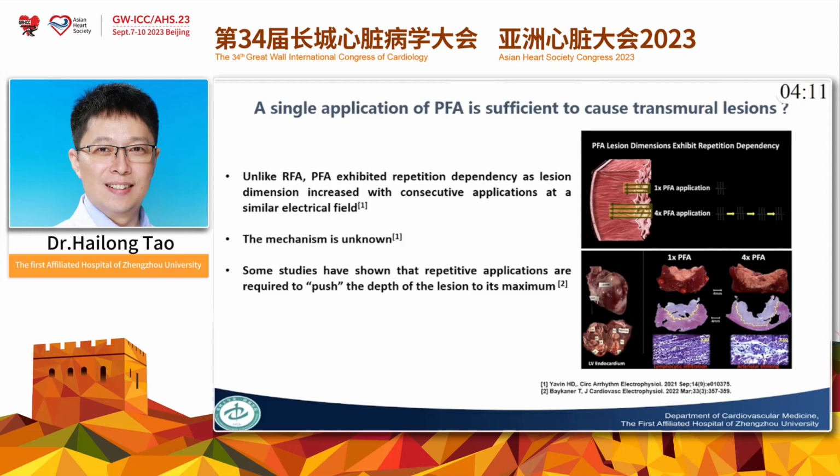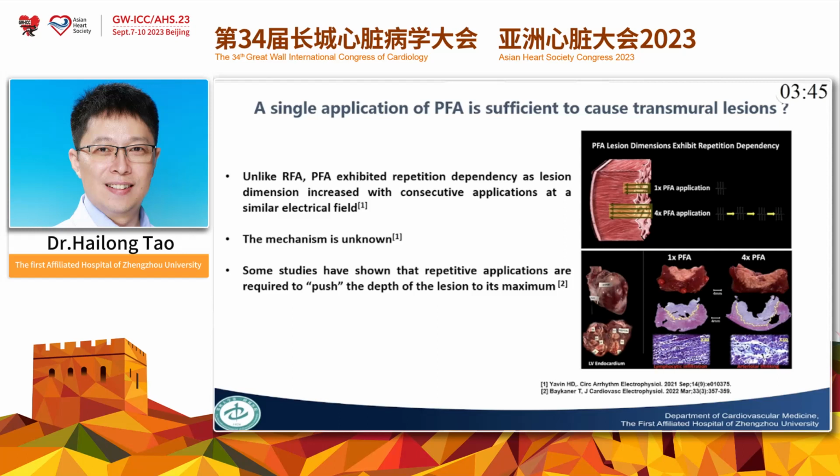Okay. And after this introduction, there are questions we should know and face as clinical doctors. The first one is whether a single application of PFA is sufficient to cause a transmural lesion. We know that, unlike the radiofrequency application, PFA is repeat dependent, as lesion dimensions increase with consecutive applications at a similar electric field.